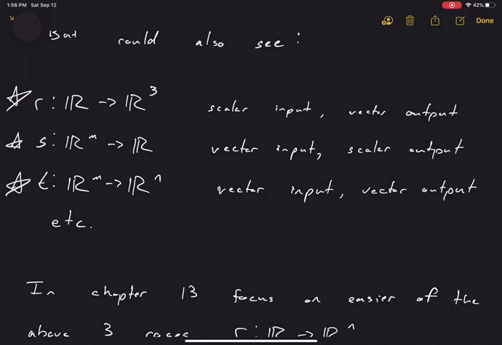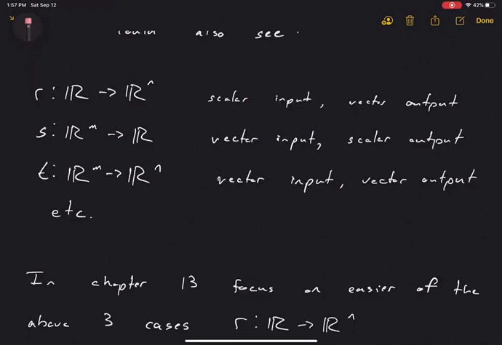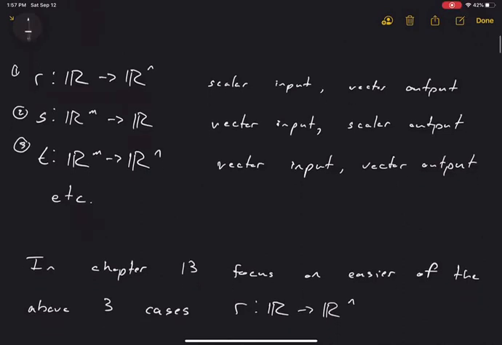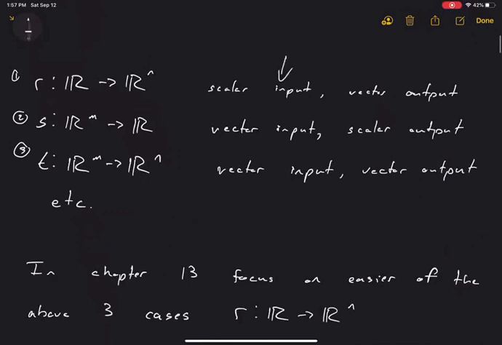In this chapter, we're going to be pretty much exclusively concerned with this top case, R to R3, or if we want to think about it more generally, R to Rn. Then in chapter 14, we're going to be considering this one. And in this course, we don't really consider this third case too much. So again, we're going to be dealing with scalar input, vector output.